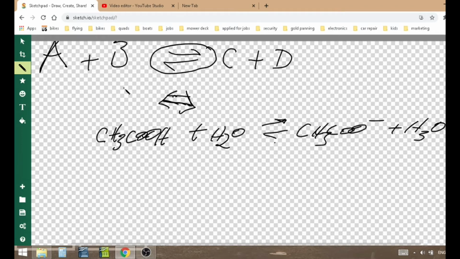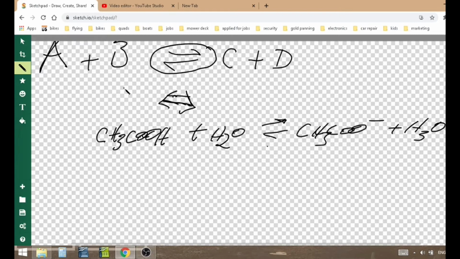At equilibrium, some of the acetic acid is dissociating to form acetate ion, and some of the water is reacting with that acetic acid to form hydronium ion. But at the same time, some of the acetate ion that's in solution is reacting with the hydronium ion in solution and reforming water and reforming acetic acid.